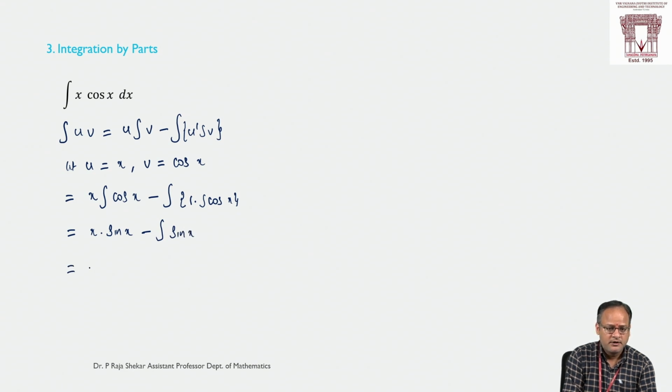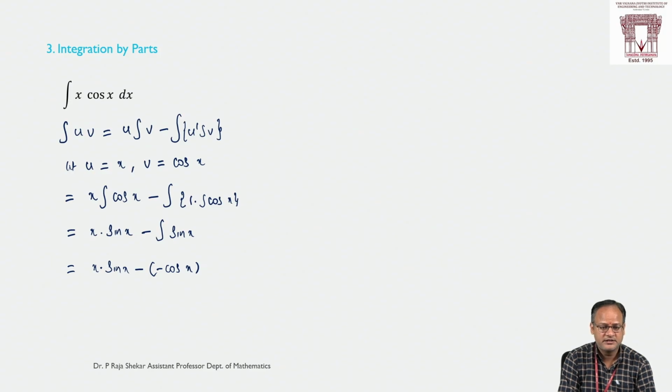Now it is x into sin x minus integration of sin x. What is integration of sin x? Minus cos x. So generally a confusion will be there in differentiation of sin x and integration of sin x, differentiation of cos x and integration of cos x.